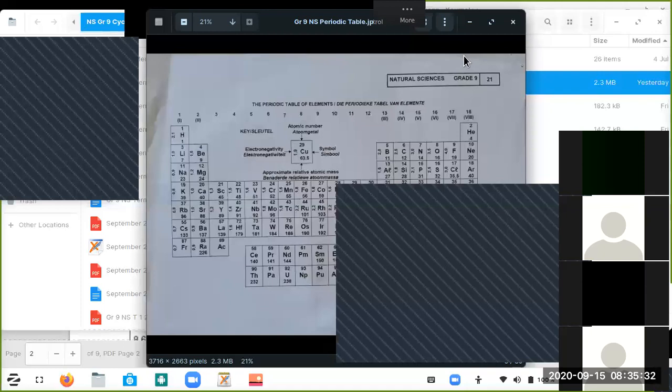So this element has got 10, but the inner one has got what? 2. This is the maximum number of electrons in the innermost shell. Then the second shell has got 8 to make a total of 10 electrons. Then this is now the third shell.